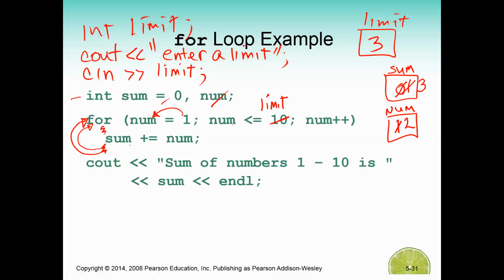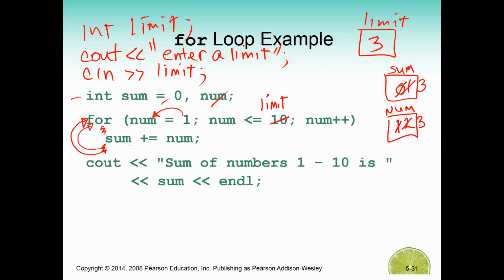So updating means add 1 to num, 2 plus 1 is 3. And then, after we update, we test again. So we have 3. Is it less than or equal to limit, which is 3? Yes, it is. So we go back into the loop, and we're going to be adding num to sum.